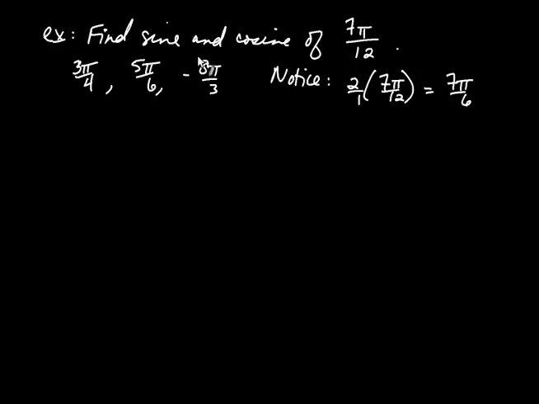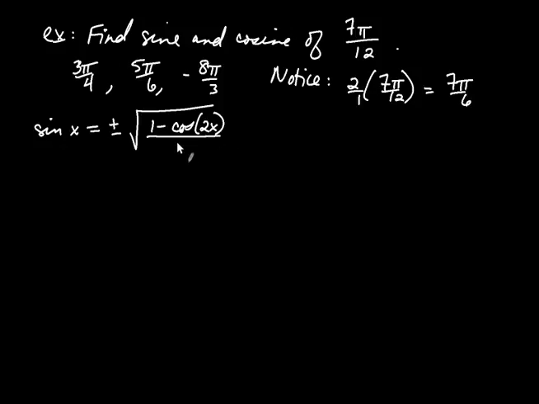So we're asked to find sine and cosine of this angle. Let me write down one of the formulas, the half angle formula. Sine of x is plus or minus the square root of 1 minus cosine of double that angle.